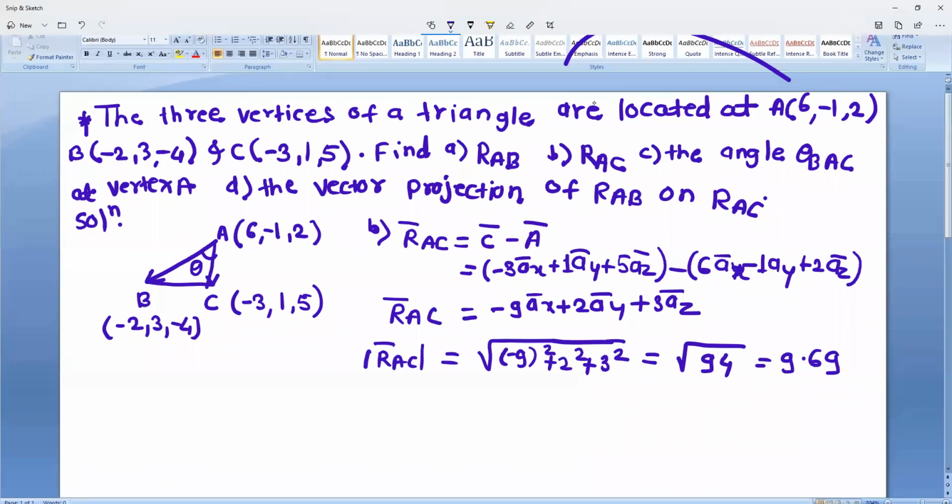The fourth question is vector projection of RAB on RAC. So how to find the angle? What is the formula for dot product? Can I erase this? Okay, I am erasing this one.